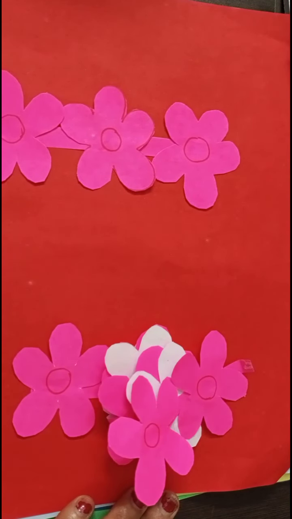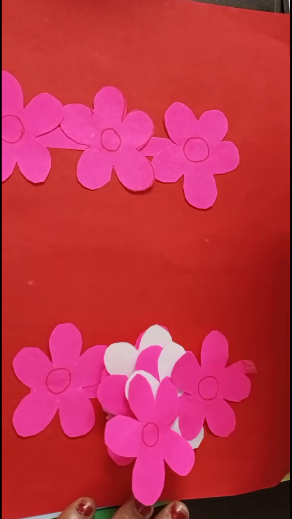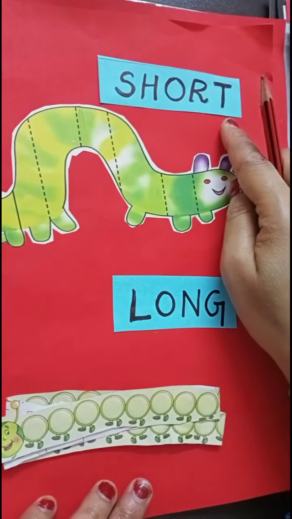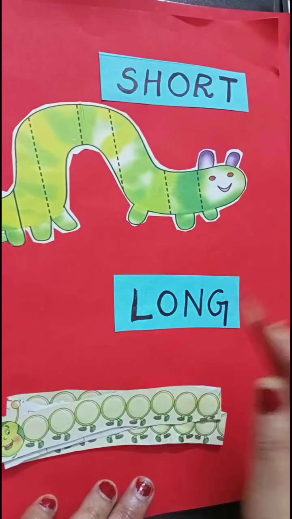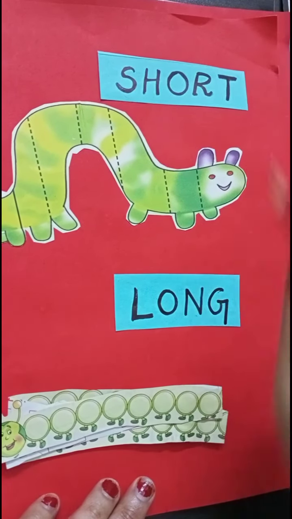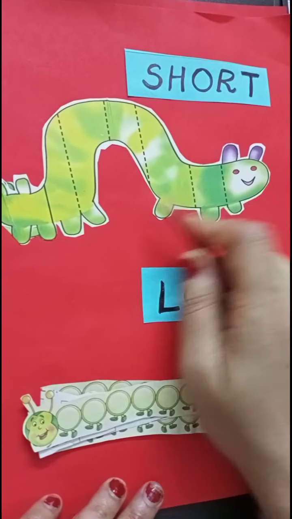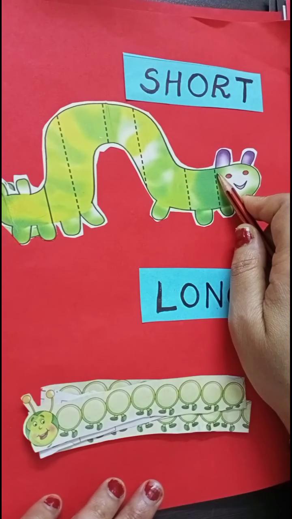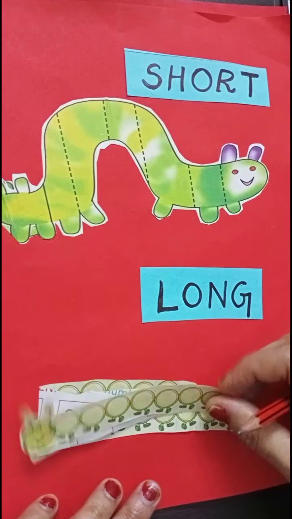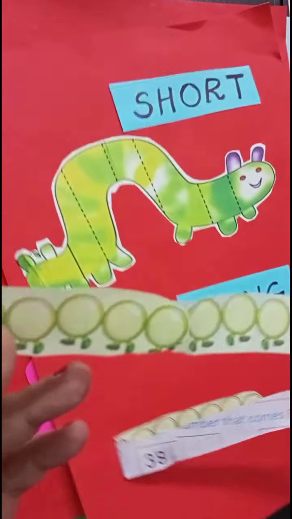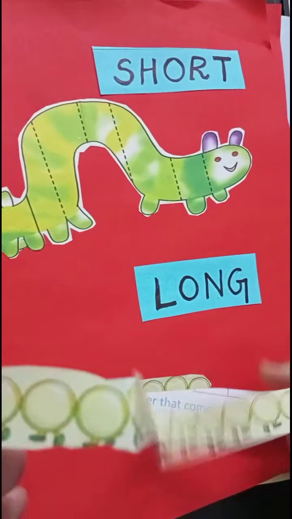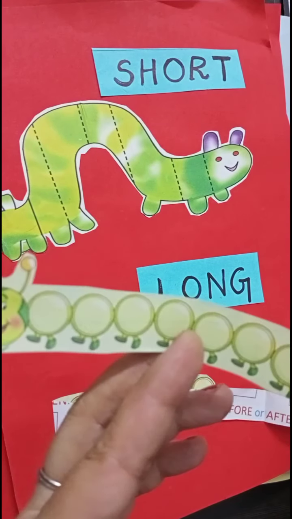Very good. Our next comparison word set is short, long. Lamba or chota. This caterpillar is short. But this caterpillar is long. This is a very long caterpillar. Can you see how long it is?